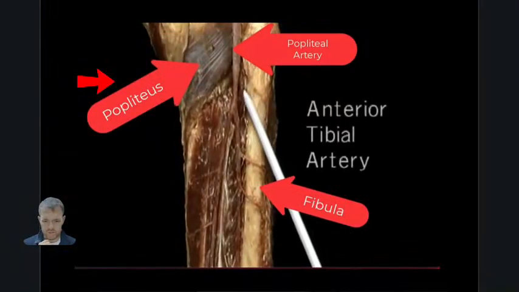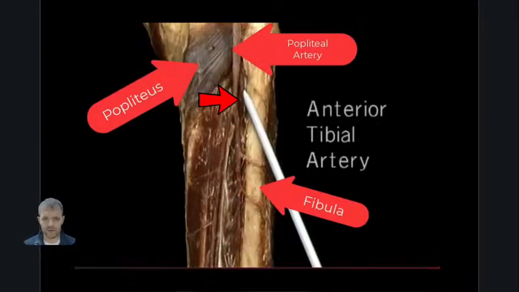Here we go. So I'm just going to pause that there. So there's your popliteal artery just there. Okay, that's the popliteus muscle. That's a muscle at the back of the knee. And again, when we look at the knee and the muscles, we'll look at that. Then you've got your fibula just here.